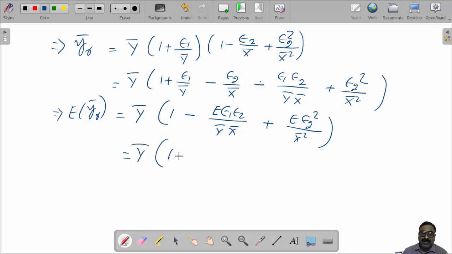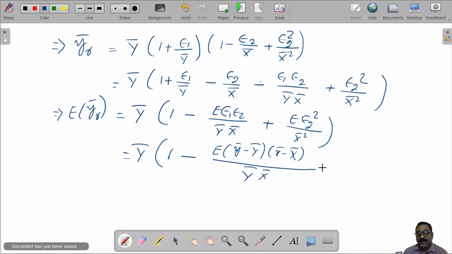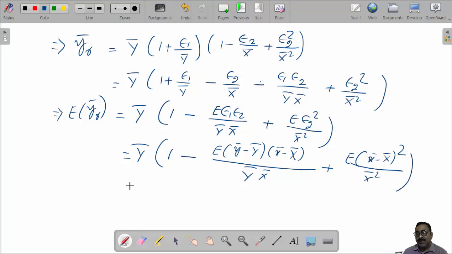So this is equal to Ȳ into 1 minus expectation of ȳ minus Ȳ, x̄ minus X̄ divided by Ȳ X̄ plus expectation of x̄ minus X̄ whole square by X̄ square.